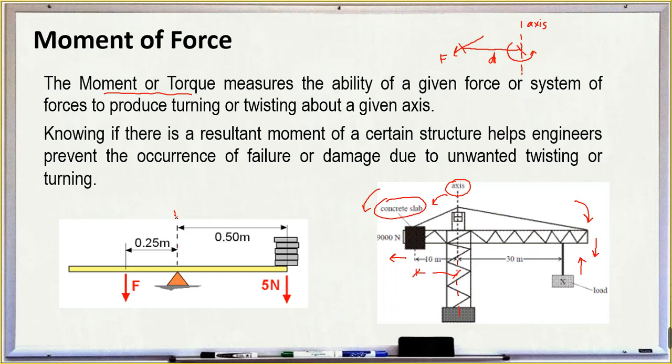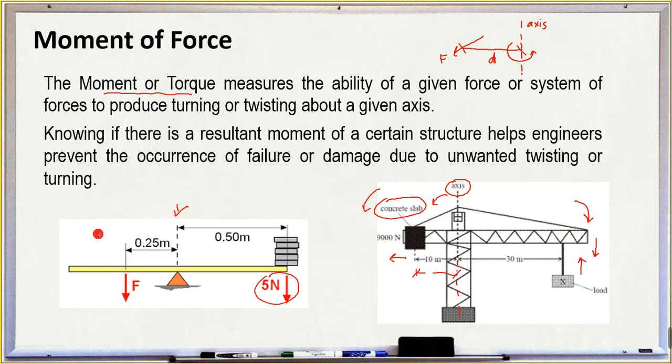And just like this simple diagram of a first class lever, wherein we have here a load of 5 newtons. In order to raise this load, we need to exert a force at a given distance on the opposite side of the lever.